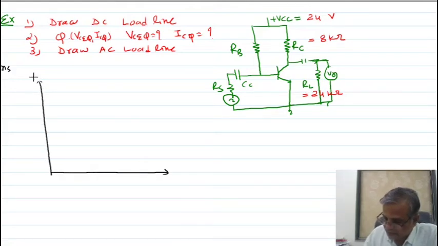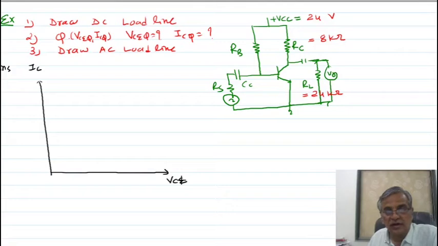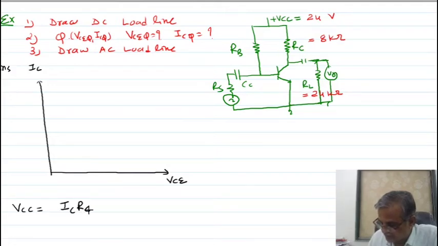This is my output characteristics. How to draw the DC load line? First, the equation for the DC load line is VCC is equal to IC RC plus VCE.